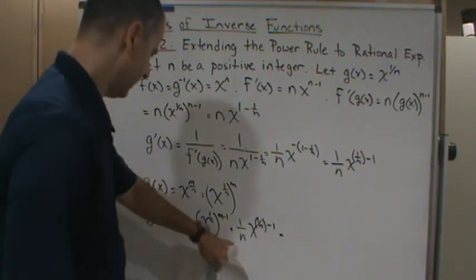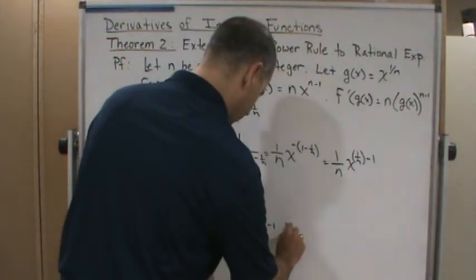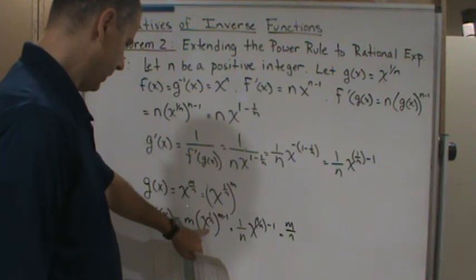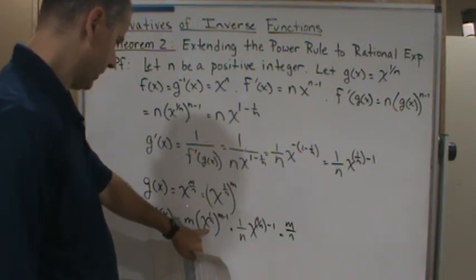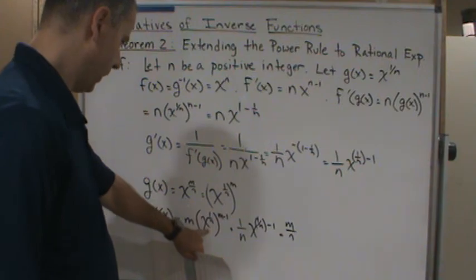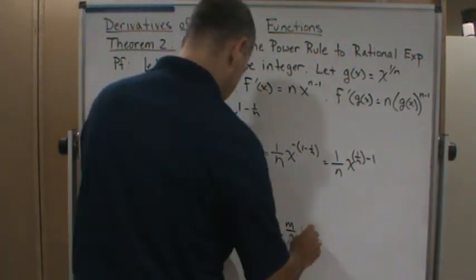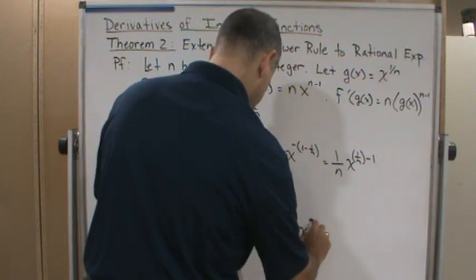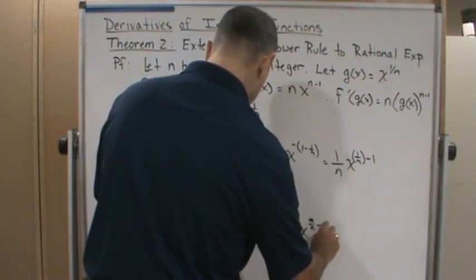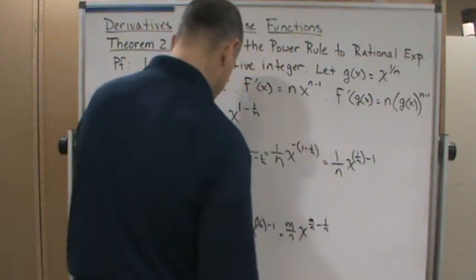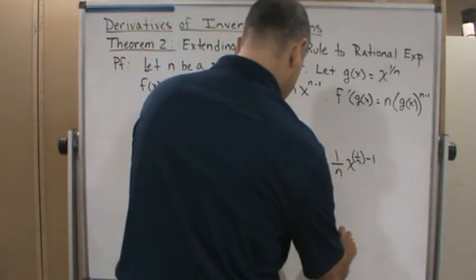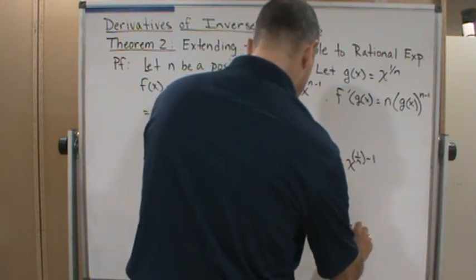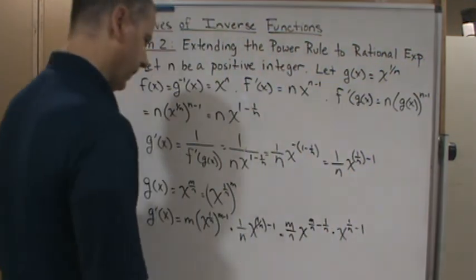And so now if you combine these, what do you get? You get m over n, and this becomes x to the m over n minus 1 over n times x to the 1 over n minus 1.